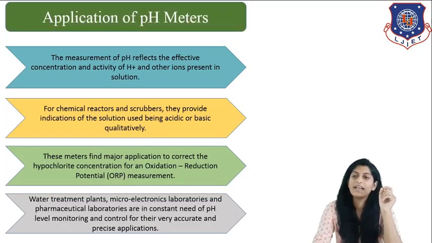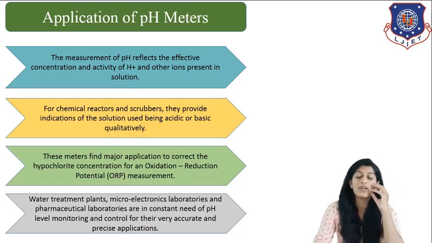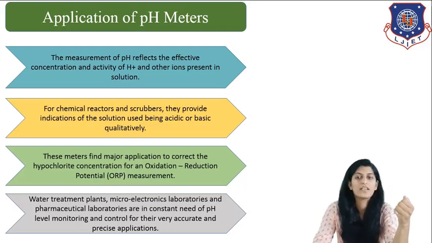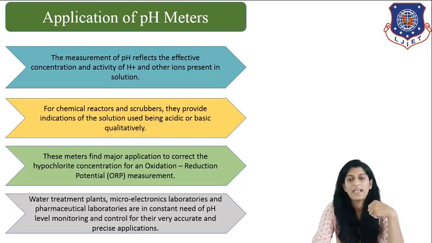Coming to the advantages of pH meter. Now, let's discuss what are the advantages of using a pH meter. The measurement of pH is basically important to determine the concentration of H positive ion in our solution, right? We are using a pH meter to determine the amount of pH or H positive ion in our solution.